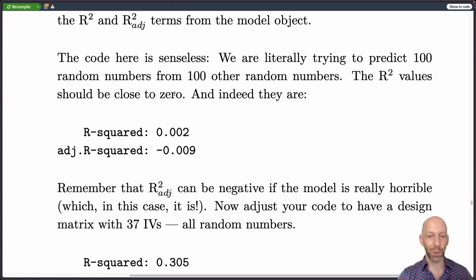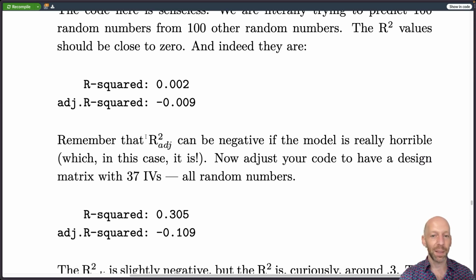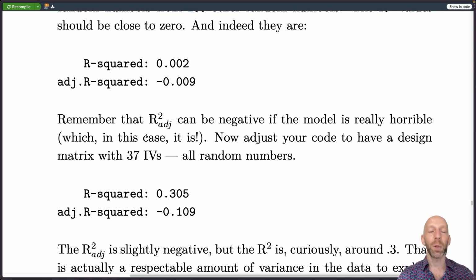And then part 2 is going to be to make a small adjustment. So instead of having only one independent variable, or I guess 2 if you include the intercept, come up with a design matrix that has 37 independent variables, all random numbers. So instead of trying to predict one set of random numbers from one other set of random numbers, try to predict one set of random numbers from 37 sets of random numbers.